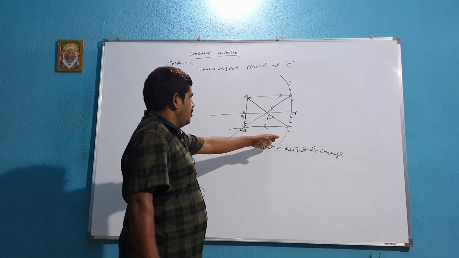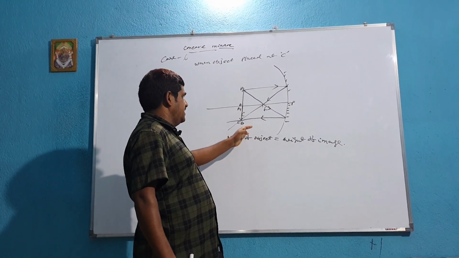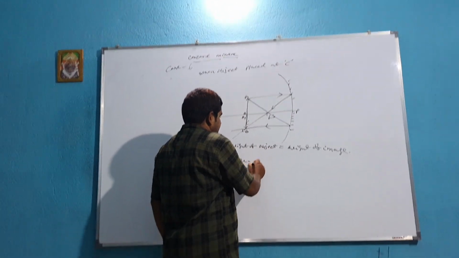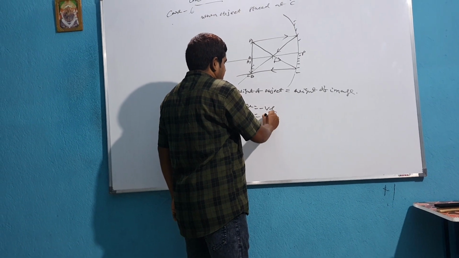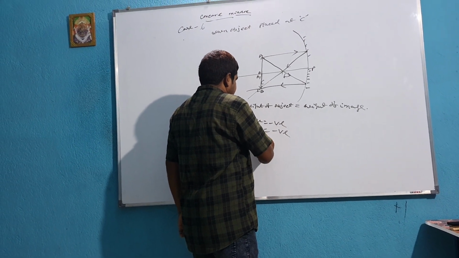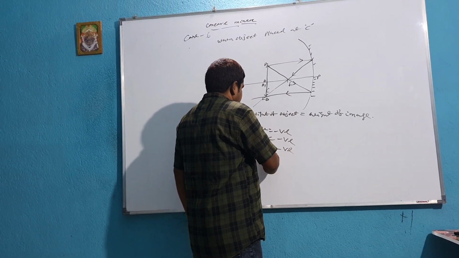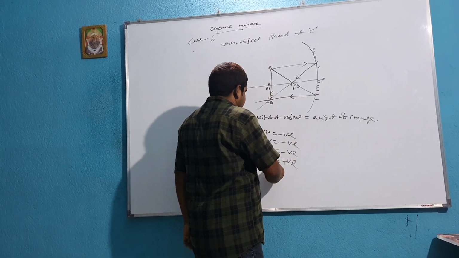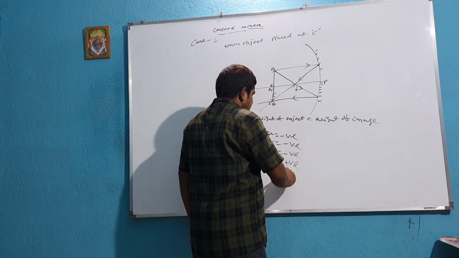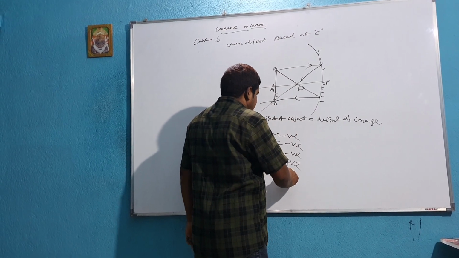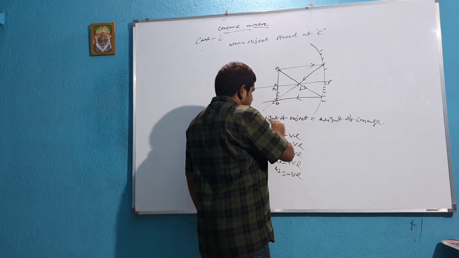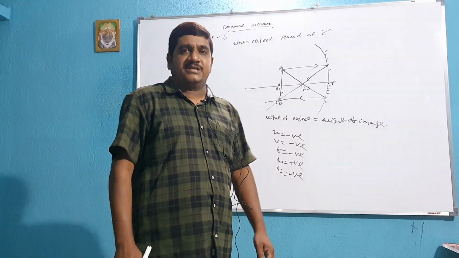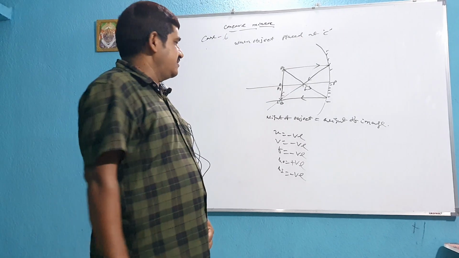And it is formed in front of the mirror, that is real and inverted. u is negative, v also negative, focal length negative, height of the object positive, height of the image is negative because it is formed below the principal axis. There is no magnification, there is no rise.